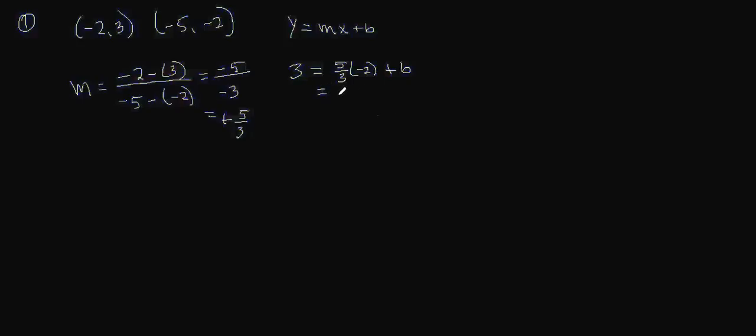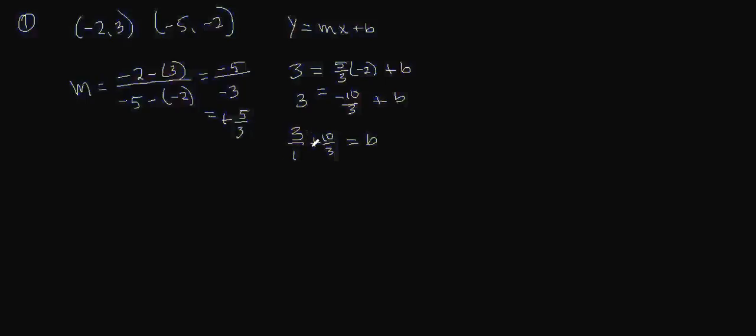Simplifying that will give us -10/3 equals 3 plus b. And we have to solve for the b value here. So we're going to add 10/3 to both sides. So it'll be 3/1 plus 10/3 equals b.